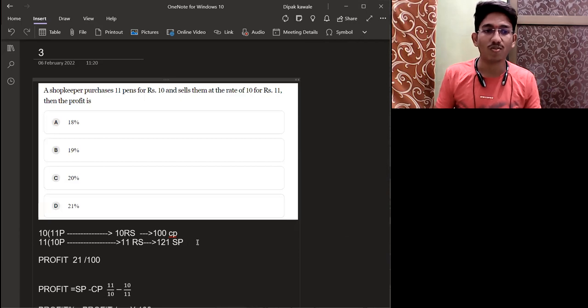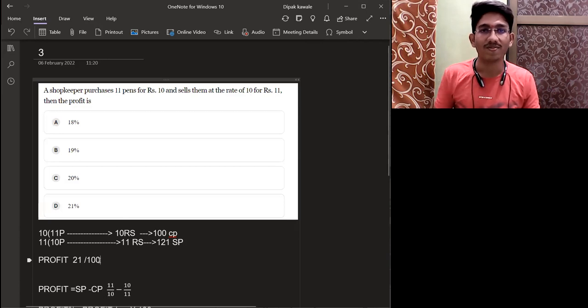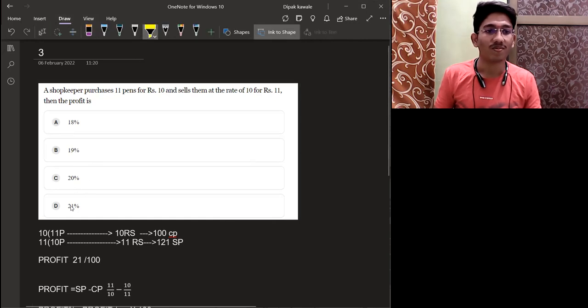Cost price. Cost price is 100. So 21 out of 100 is how much? So 21%. Na? Okay. Are you understanding? Sir, how much? 21% increase हो रहा है. So this is my value. Okay, simple.